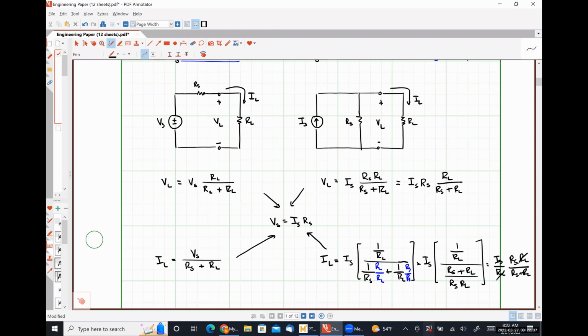And I can effectively go back and forth between those two forms, since they are electrically equivalent, to aid in circuit analysis. So let's look at a circuit here. Here we go.